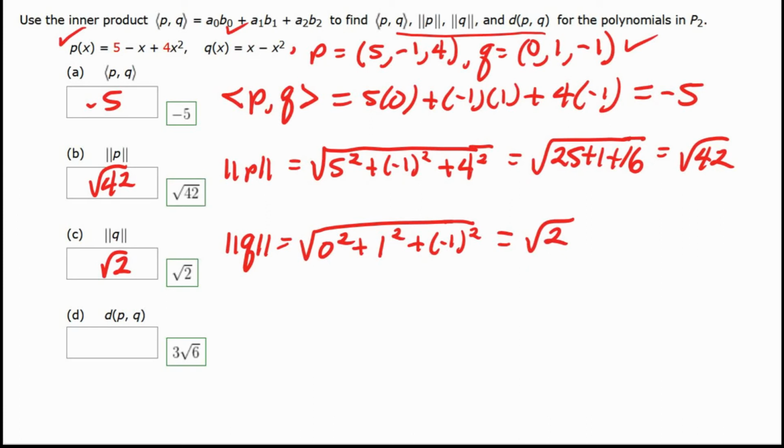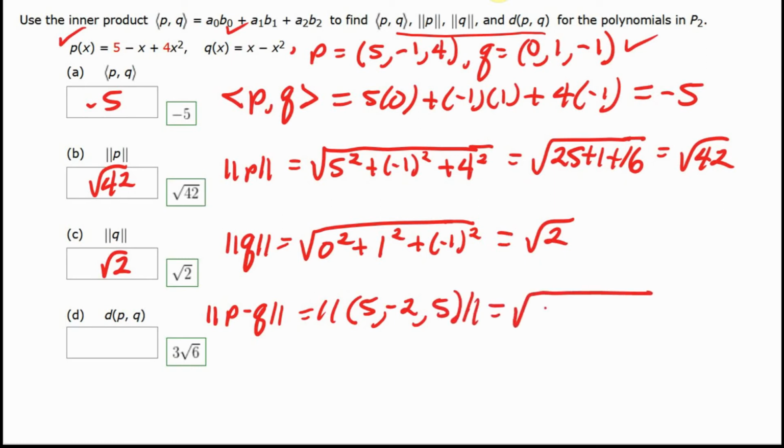Then the distance between p and q is the norm of p minus q. So we look at p minus q as 5 minus 0 is 5, negative 1 minus 1 is negative 2, and then 4 minus negative 1 is 5.